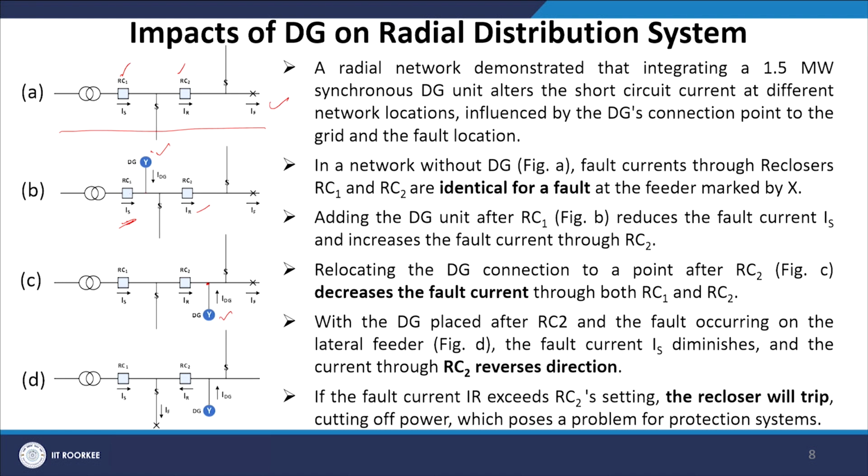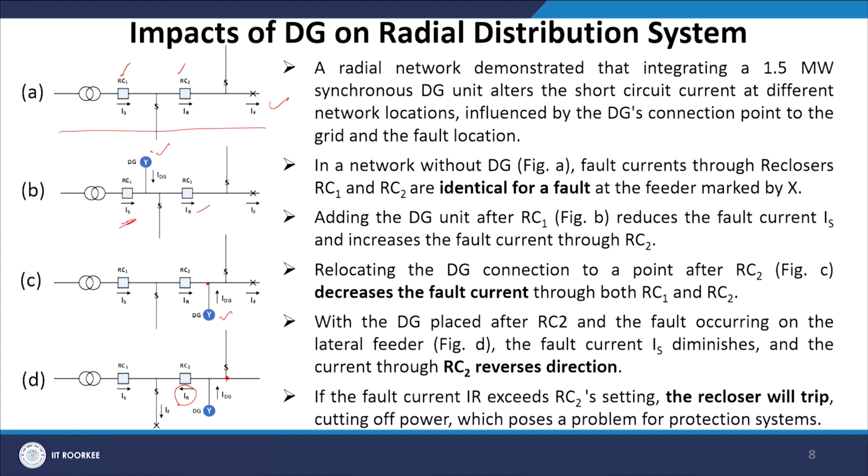Now, with the DG placed after RC2 and the fault occurring on the lateral feeder, that is shown in figure D, the fault current IS diminishes and the current through RC2 reverses its direction. If this IR exceeds the RC2 setting, then the recloser will trip for certain, cutting off power, which poses a problem for the protection system.